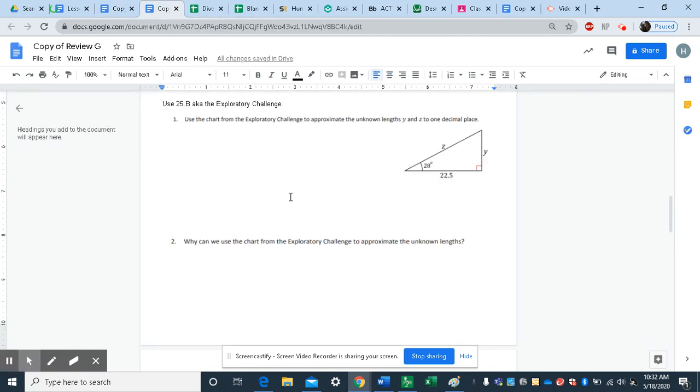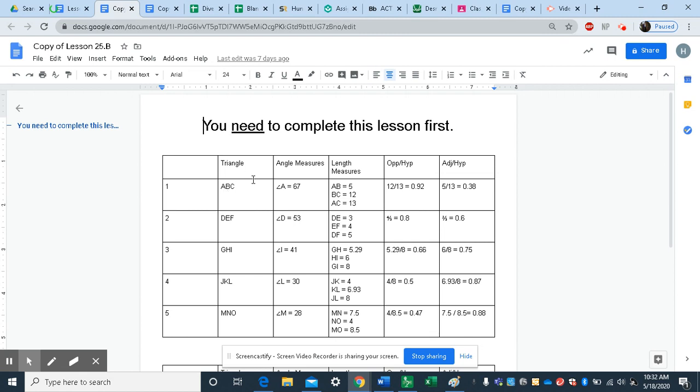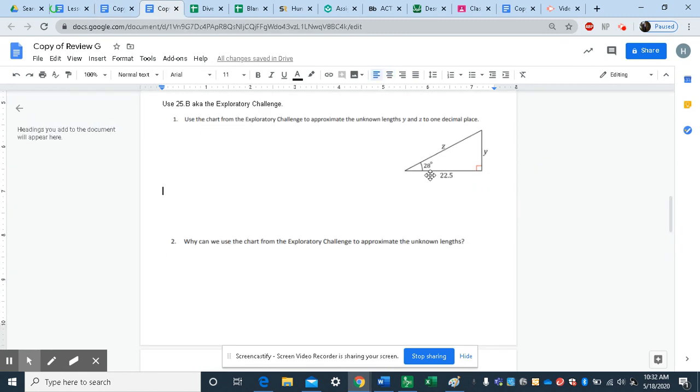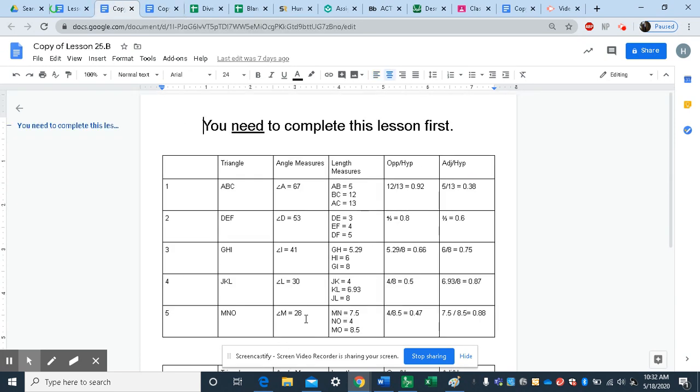So it says use the chart from the exploratory challenge to approximate the unknown lengths y and z to 1 decimal place. Okay, so for this, we're going to be using this row right here because it tells us that our marked acute angle is 28. We're going to use the row that has to do with when the marked angle is equal to 28.